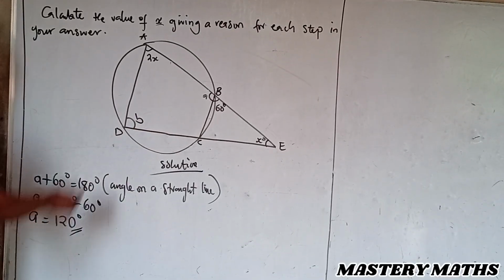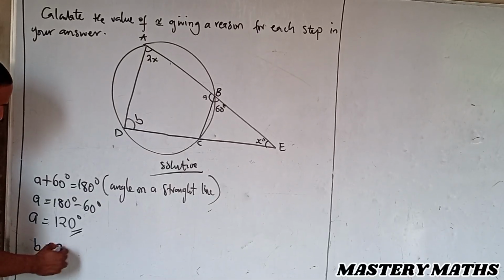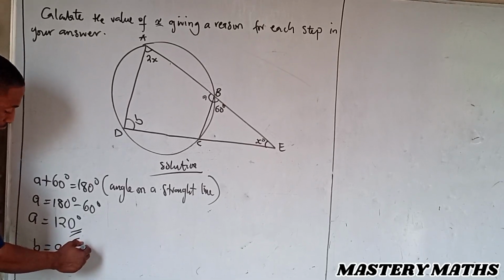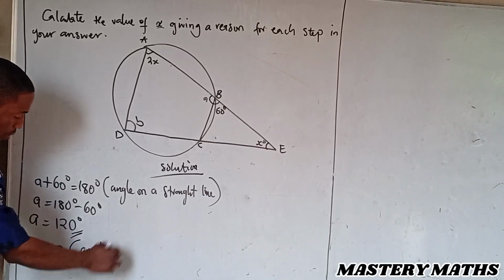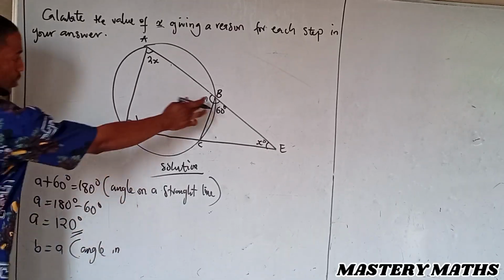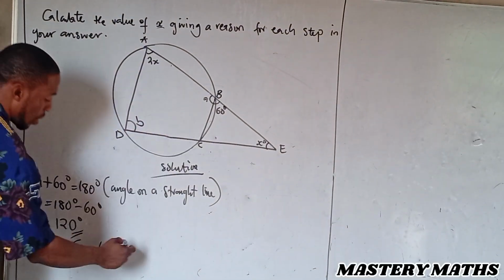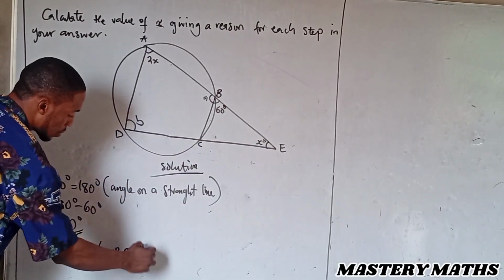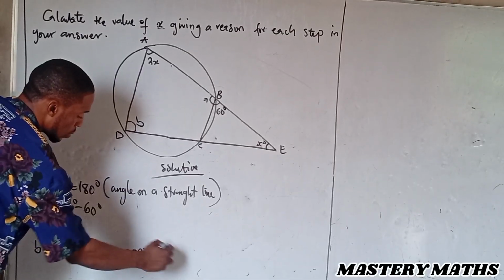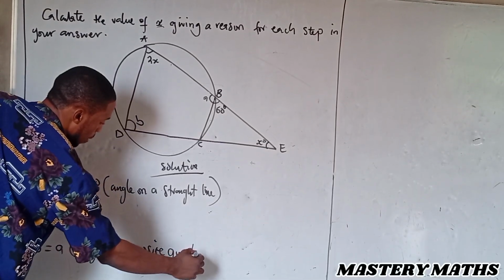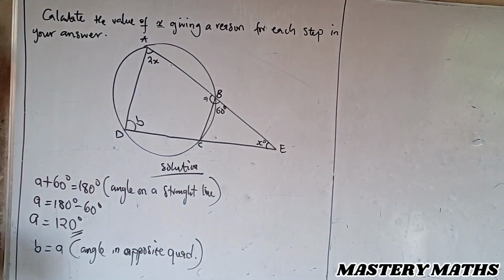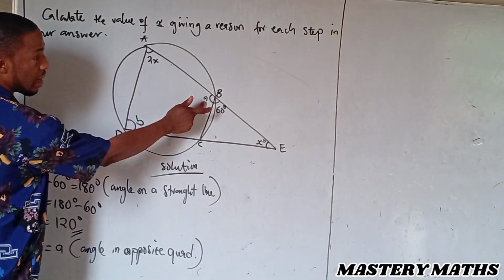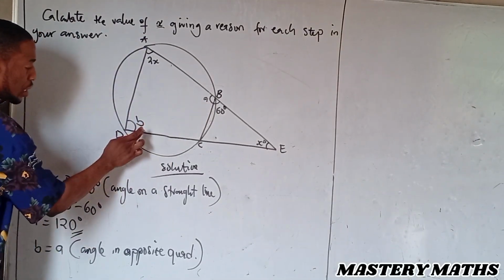We say our B is related to A by angle in opposite quadrilateral. Having gotten this A, we say that this B is related to this A.